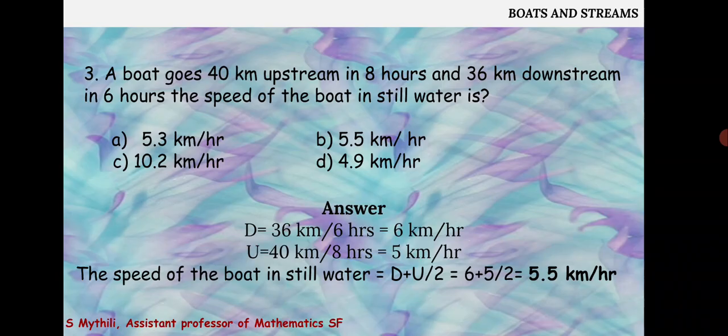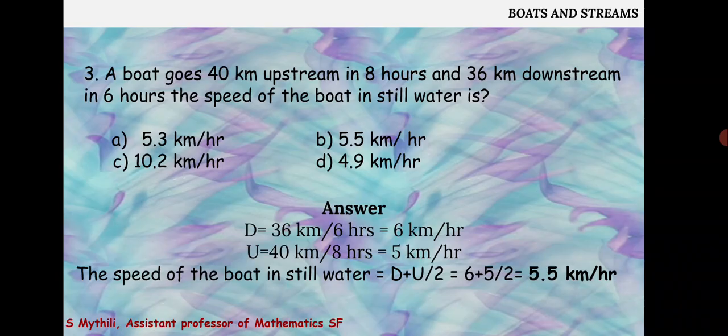So downstream is equal to 36 kilometers in 6 hours. So 36 by 6 becomes 6 kilometers per hour. Then the upstream is 40 kilometers in 8 hours. So 40 by 8 is 5 kilometers per hour. So now we have downstream as 6 kilometers per hour and upstream as 5 km per hour.